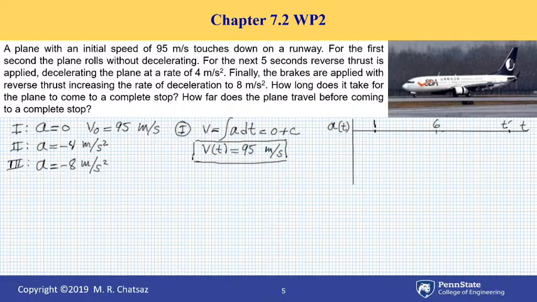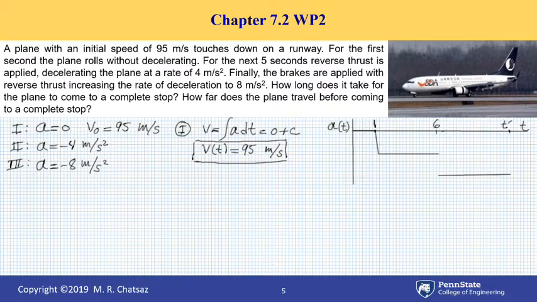Then I think it will be helpful if I also draw the acceleration diagram. So for the first second it's 0, then for the next 5 seconds it is -4. Let this line represent -4, and then it goes to -8 for the rest of the motion.